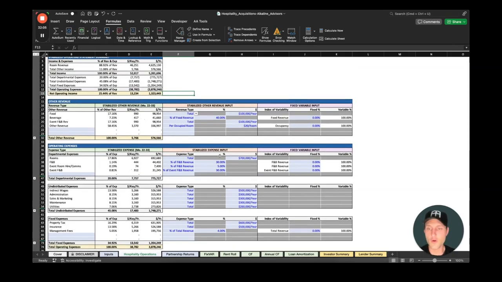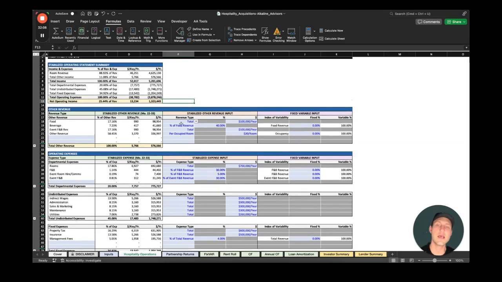So the way that we've broken out this hospitality operations tab is by saying, okay, how do we want to calculate the initial costs or other income at stabilization? And that's what we do right here, stabilize other input revenue. So when we, for instance, say, okay, food, we want the food revenue line item to be either X dollars per occupied room.